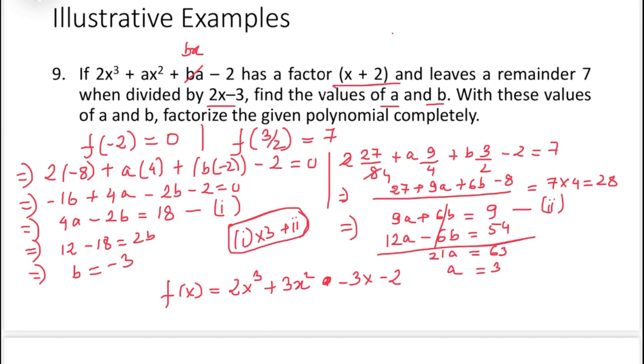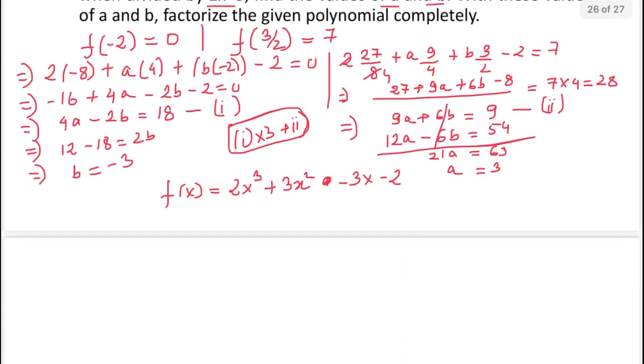So what do we know? We know that one of the factors is x plus 2. So let's divide this polynomial by x plus 2 and see what we get as the quotient. So now our next task would be to divide this by x plus 2.